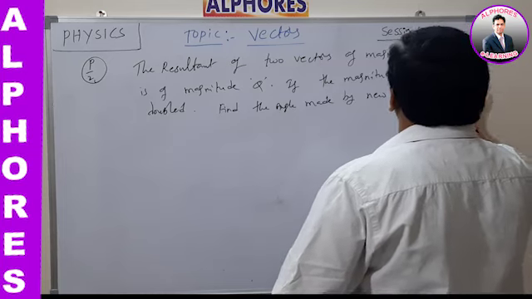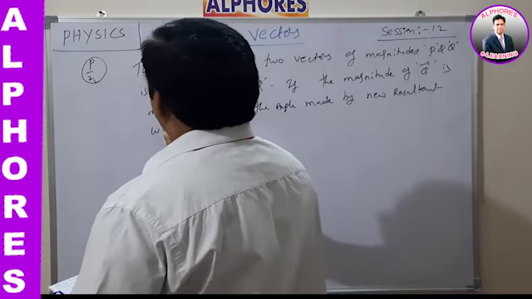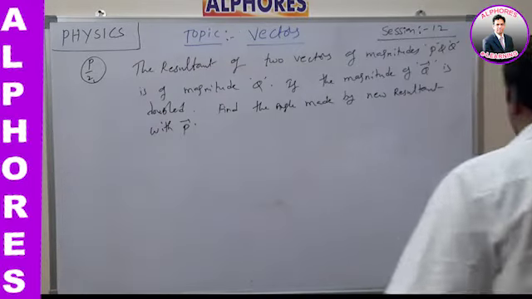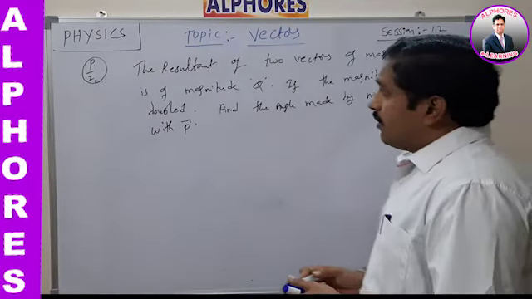Otherwise, we have to write here new resultant with P bar. Now in this question, what is given?